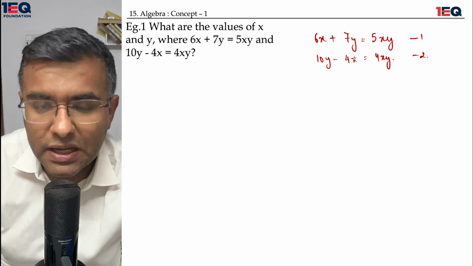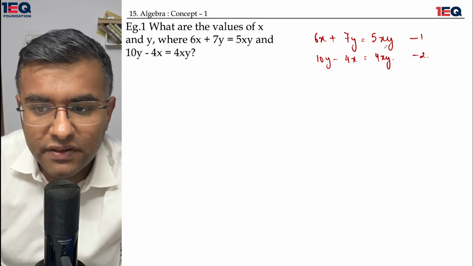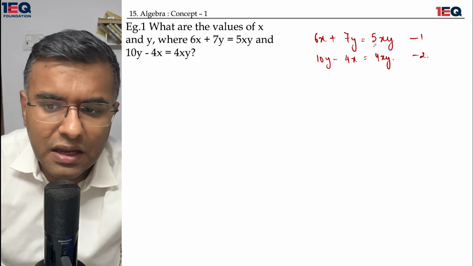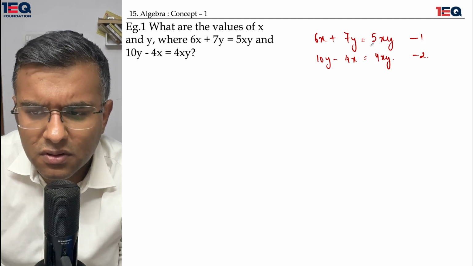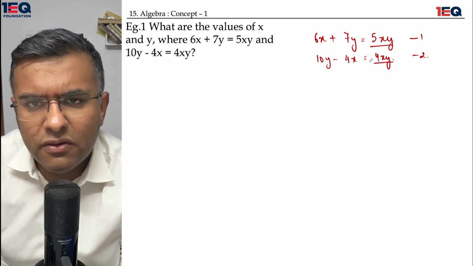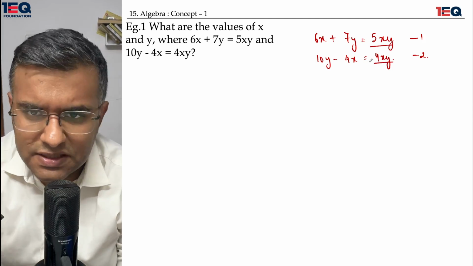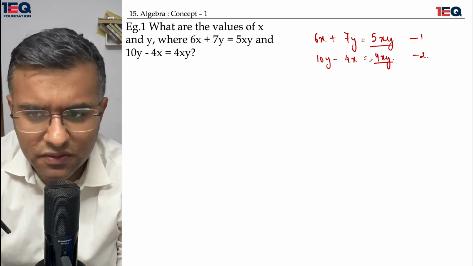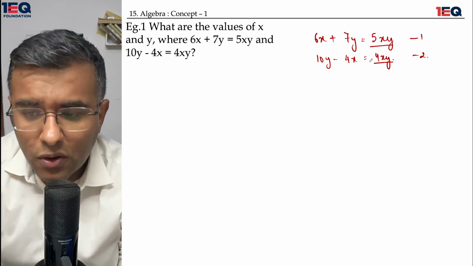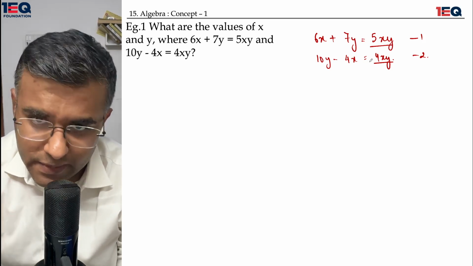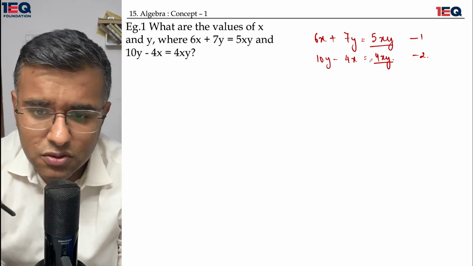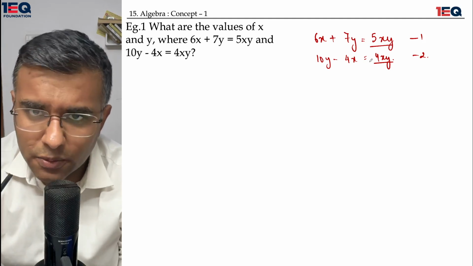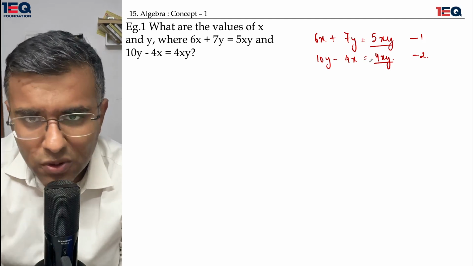Why am I doing that? The reason is that even if I solve the two equations by manipulating the values of things on the right hand side, I would only be able to get a relationship between x and y. It will be difficult for me to reach the absolute values of x and y. Also, it would lead to a quadratic equation, which is a little difficult to solve as compared to these linear equations. Okay, so these are two linear equations which I have.